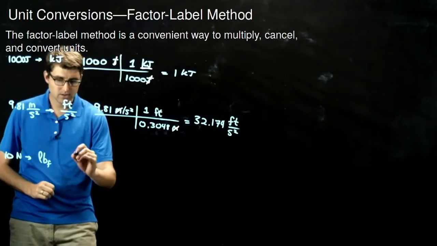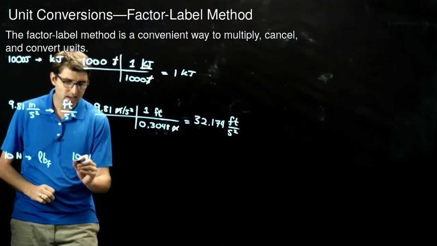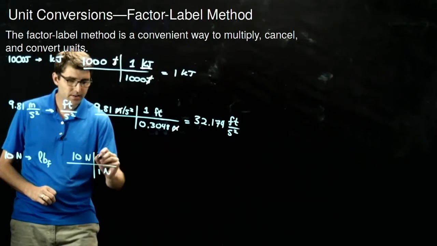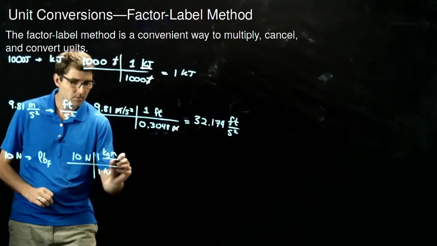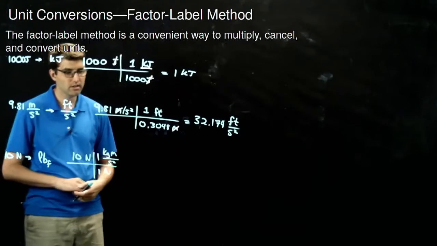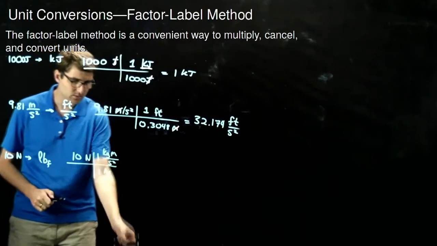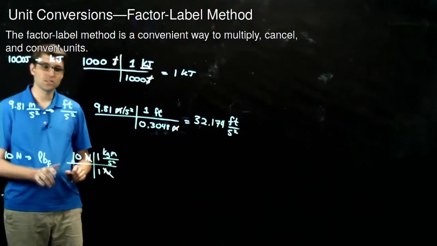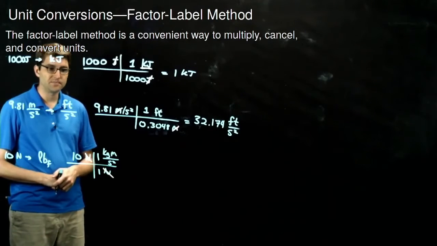All right? So here I have 10 newtons, and in 1 newton, there's 1 kilogram meter per second squared. So now I've converted this newton, right? Now my newtons cancel here. And I have this quantity in the base units for the SI system.